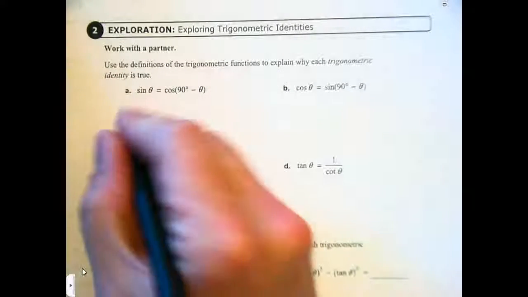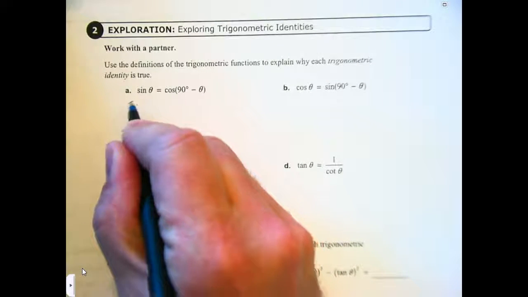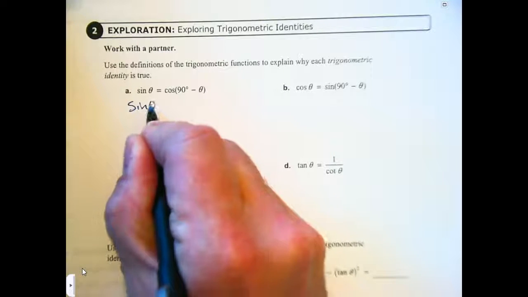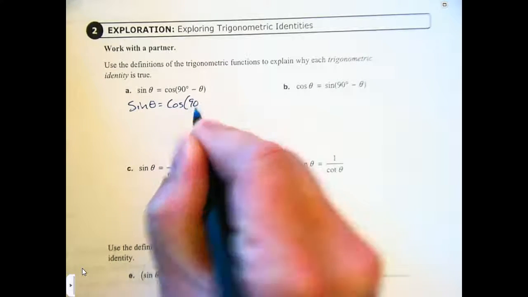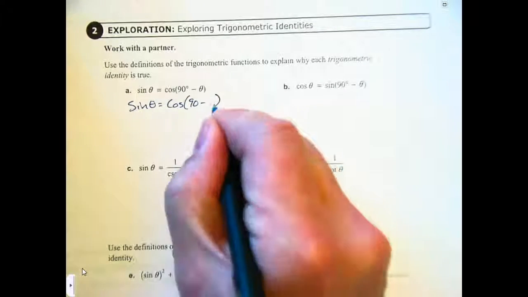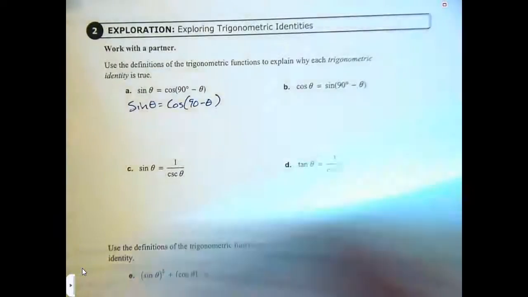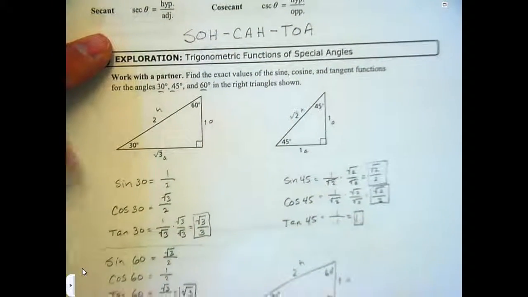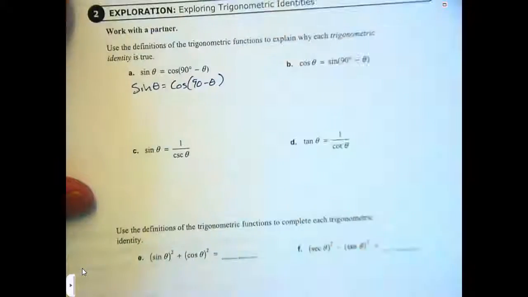Okay, let me take a minute. If I know the sine of theta is equal to the cosine of 90 minus theta, remember when I say theta here, I'm talking about an angle measure. So if I say, for instance, the sine of 30, let's plug in a value.